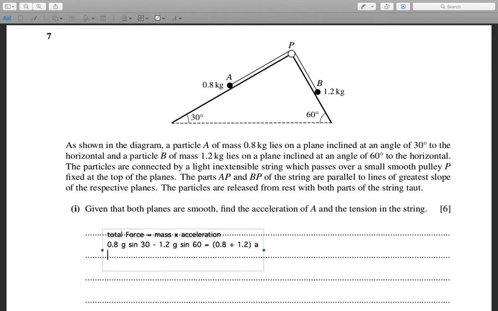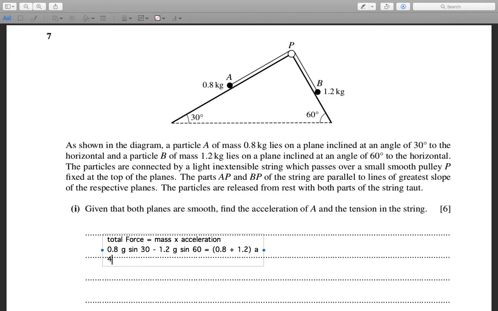If we use g as 10, multiplying 0.8 by 10, then sin 30 is a half, so we get 8 times a half, which is 4, minus 1.2 times g, which is 12.